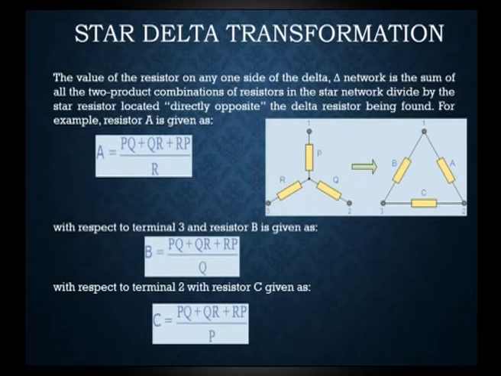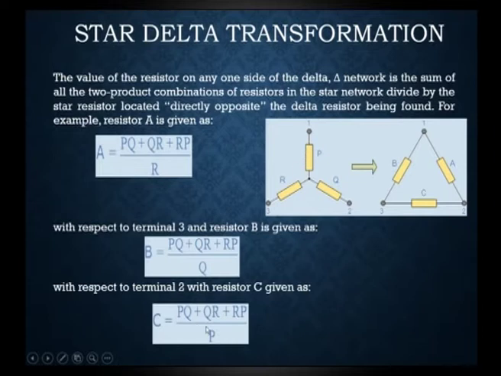For star to delta transformation, for B the quite opposite will be Q, so the denominator will be Q. Similarly for C in the delta network, the numerator will be the same, and if we connect across 3 to 2, the C quite opposite to that will be P, so P comes in the denominator.